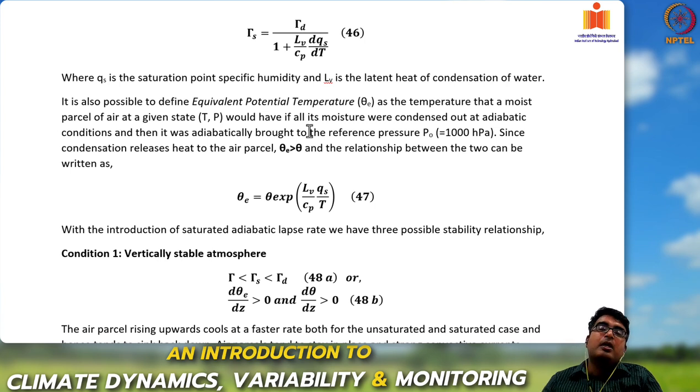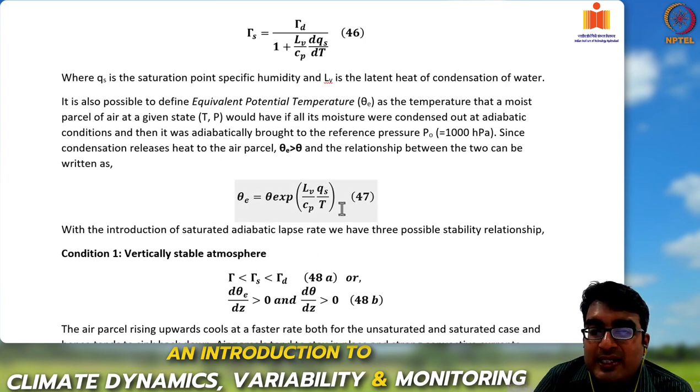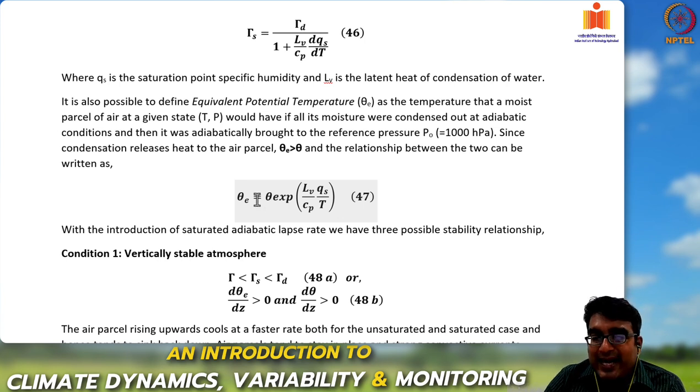Okay. Now, since condensation releases heat to the parcel, the equivalent potential temperature is greater than the potential temperature for the dry parcel of air. Okay. So, theta E will be greater than theta. And we can write this expression in the form of an exponential function. Theta E is equal to theta times exponential of Lv by Cp times Qs by T. Okay.